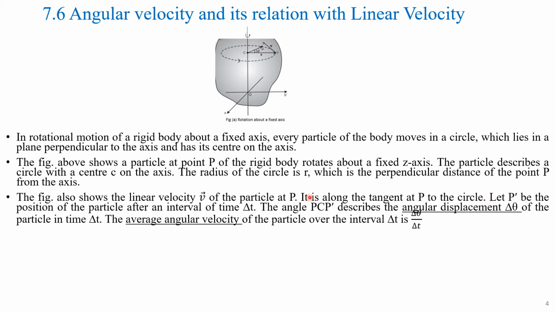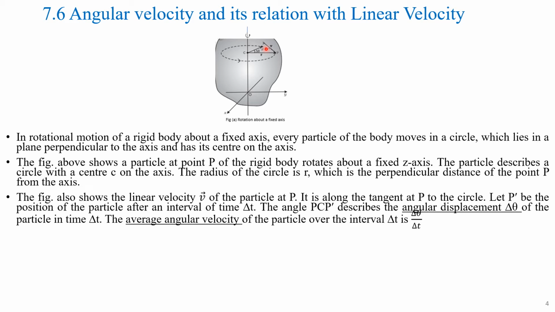Let P dash be the position of the particle after an interval of time delta t. The angle P dash C P describes an angular displacement. Delta theta is the angular displacement of the particle in time delta t.